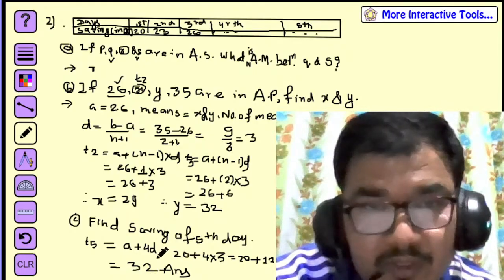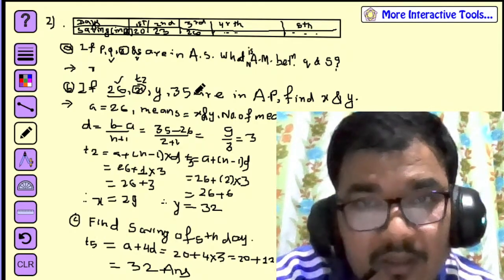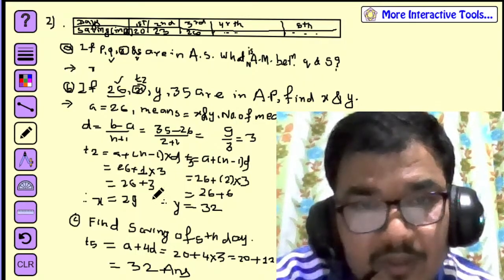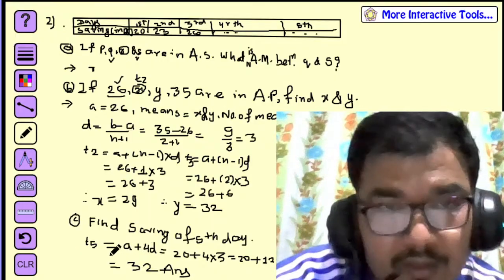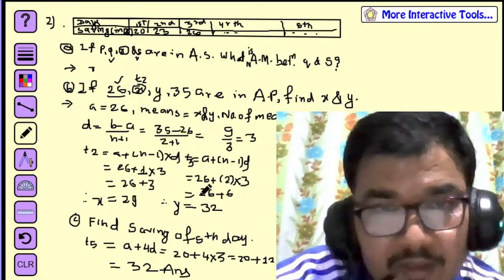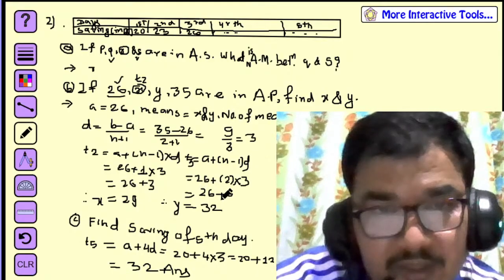Why are we getting 32 here as well? What happened here is 26 plus 6 and the T5 has come.